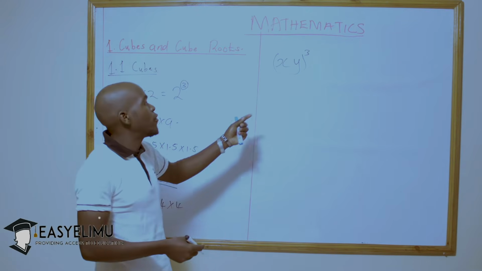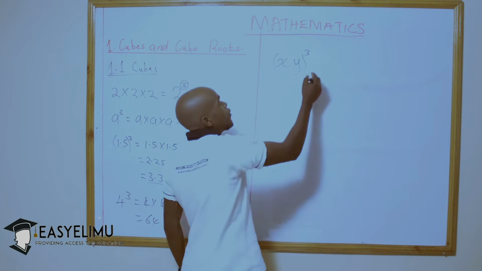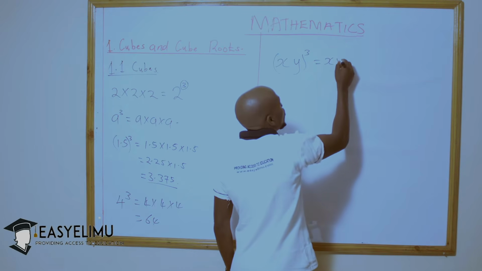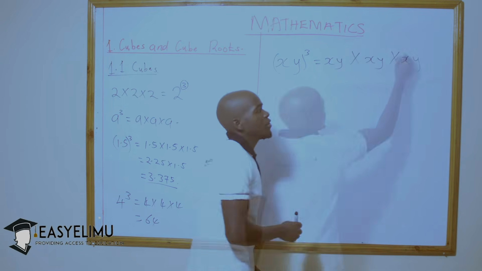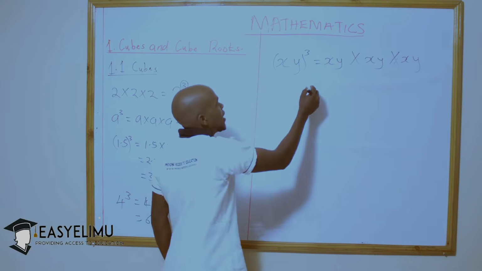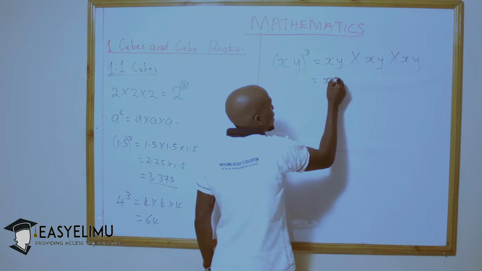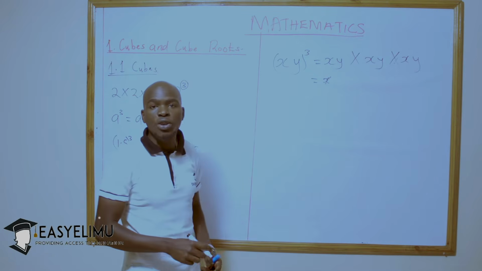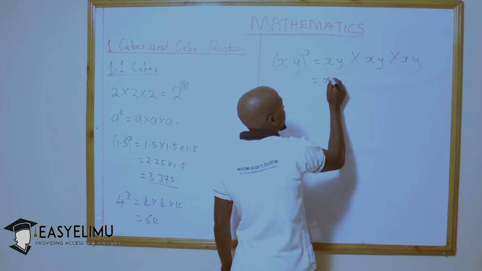This means you have to find the cube of xy, which is the same as taking xy and multiplying it by itself 3 times. Or you can multiply x 3 times. Let me use a dot to distinguish the multiplication sign from x.